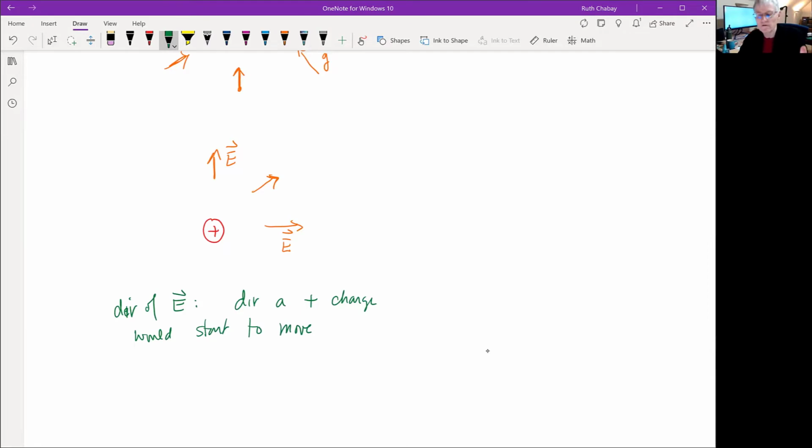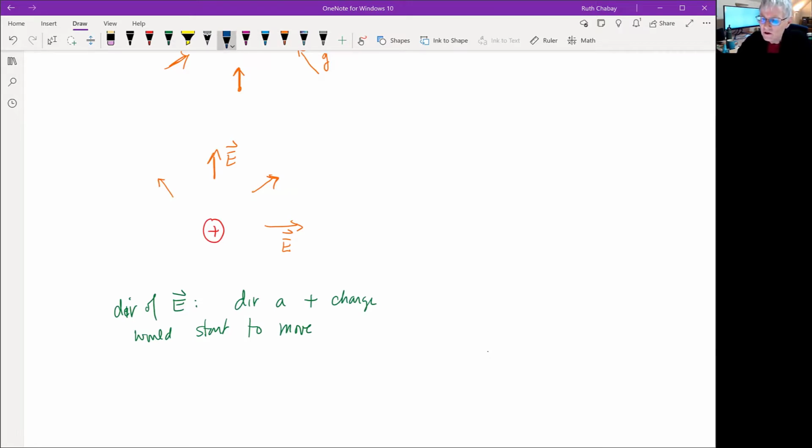So it's the direction of the force on a positive charge if there was one there. But notice that this field is there whether there's anything to experience it or not. It's just filling space, waiting for something to happen. So all around a positive charge, there'd be an electric field pointing away from it, basically.